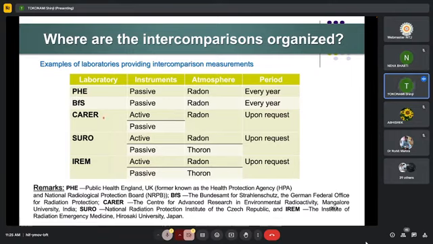Korea, and this is India, Mangalore University, target instruments of active and passive. Radon atmosphere available upon request. Thoron check, active, passive, and atmosphere radon and thoron upon request.